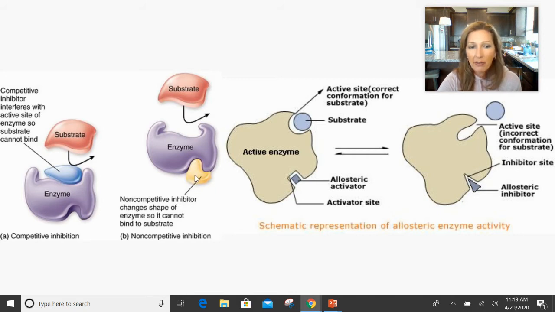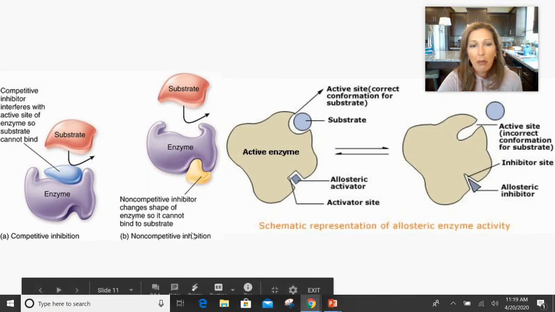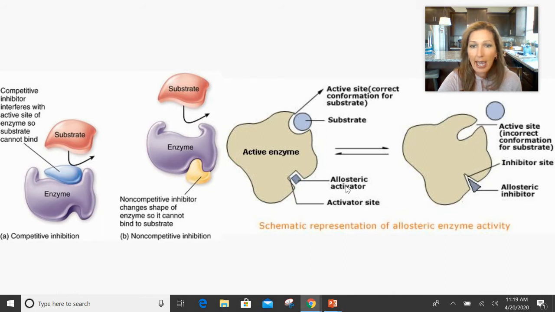I have non-competitive inhibitors. Remember, I described these as the backstabbers. They are not attaching to the active site, they're attaching somewhere else on the enzyme and altering the shape of that enzyme, so now the substrate doesn't fit into the active site. Now, this non-competitive inhibitor is very similar to an allosteric activator or an allosteric inhibitor.